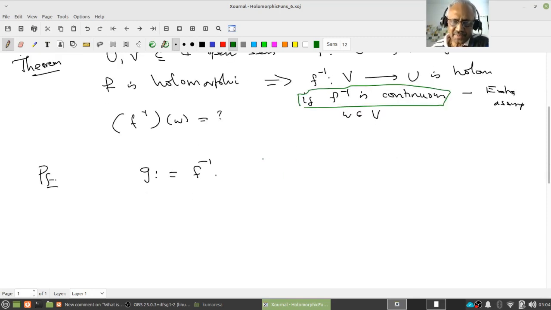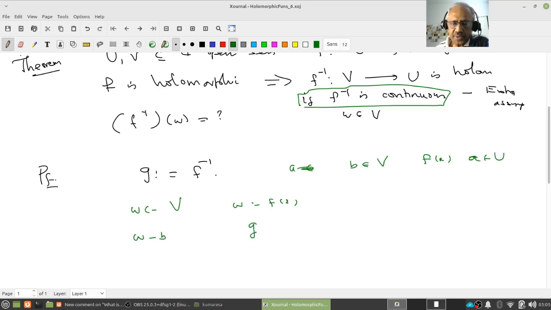How should the theorem be written carefully? We will write it at the end. Suppose g is f inverse. Now let us fix a point b in V. Therefore it is f of a for a unique a in U. Start with any w in V, then w is f of z. So what is it that I want to prove?